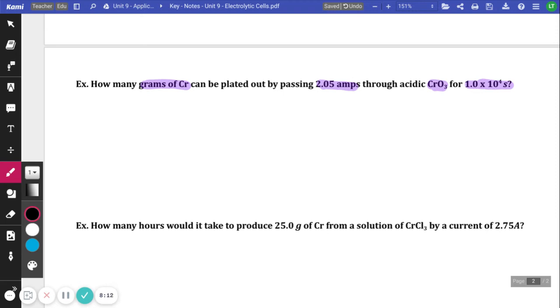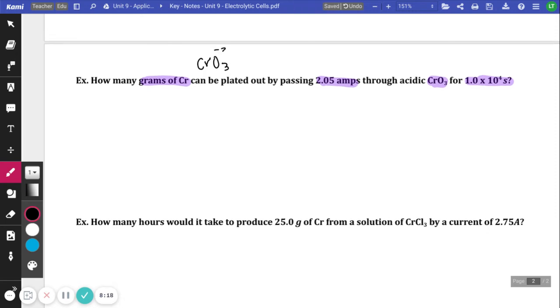We have this CrO3, and we need it for one of our conversions. Oxygen always has a -2 charge, and chromium has a +6 charge. So I am starting with chromium +6, and I want it to just turn into Cr.